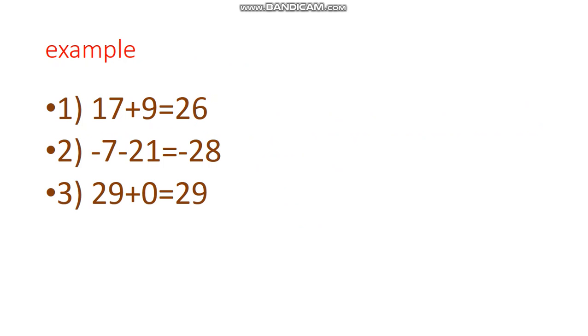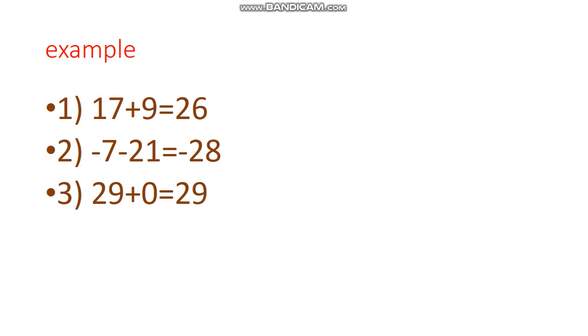Another one: consider a is equal to minus 7, b is equal to minus 21. When we add, we get minus 28. Minus 28 is also an integer. So we can conclude that closure property under addition holds good for integers.